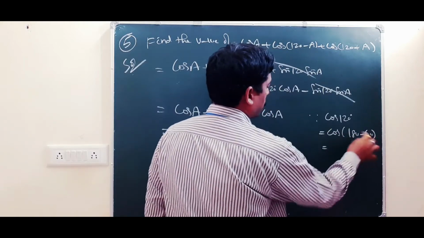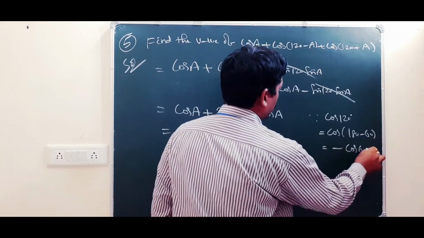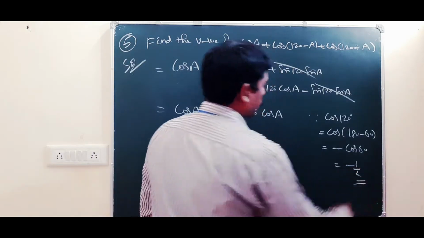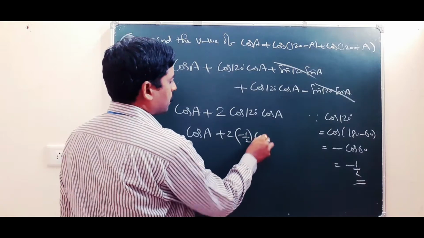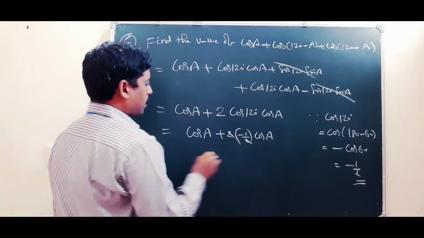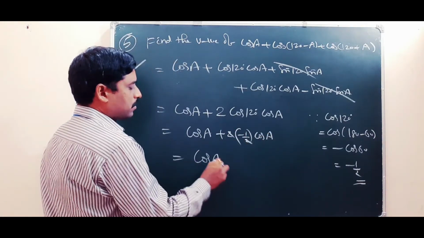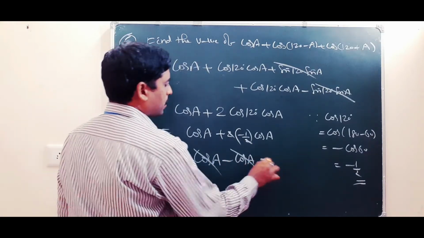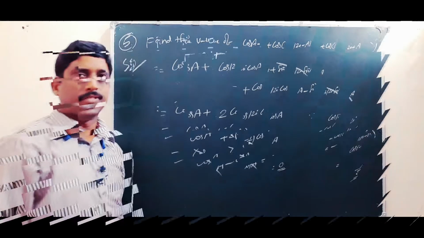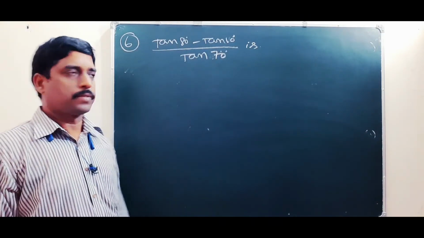This value, cos (180 minus theta) is minus cos theta, so minus cos 60, so minus 1 by 2. Cos 120 value is minus 1 by 2 into cos A. These 2 get cancelled. Cos A plus 2 into minus 1 by 2 cos A, that is minus cos A. So now cos A gets cancelled. Answer will be 0.